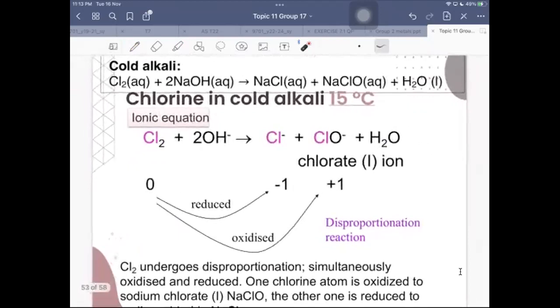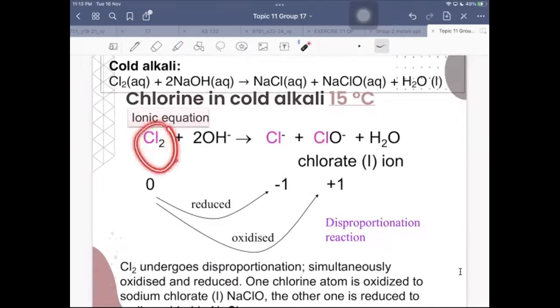Right, so let's have a look at the oxidation and reduction process. First we look at the cold case, when chlorine reacts with the aqueous sodium hydroxide in a cold condition, for example 15 degrees Celsius. In this molecule there are two chlorine atoms, but we are looking at the same molecule. So what happens?